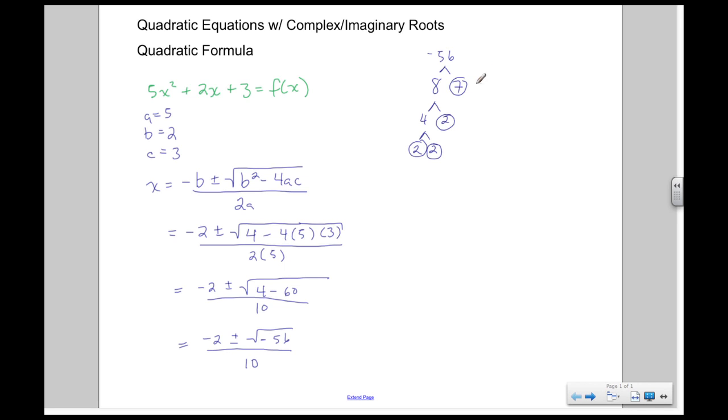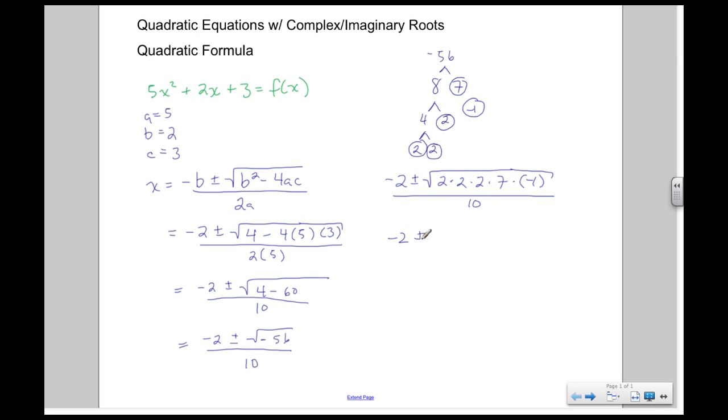And I have to remember it's a negative, so I'm also going to have a negative 1 here. So what I end up with is negative 2 plus or minus the square root of 2 times 2 times 2 times 7 times negative 1, where all of that is divided by 10.